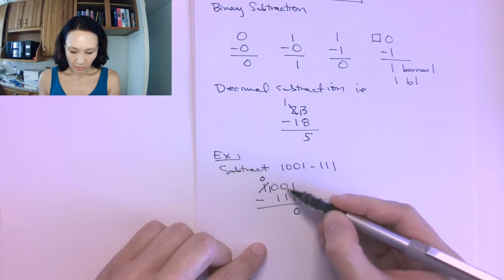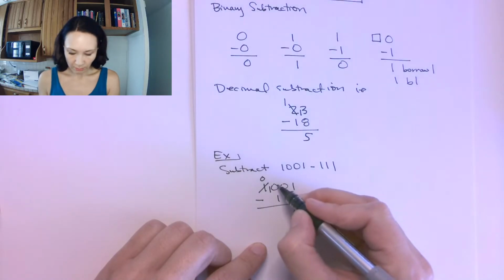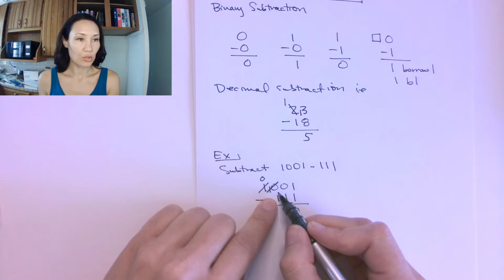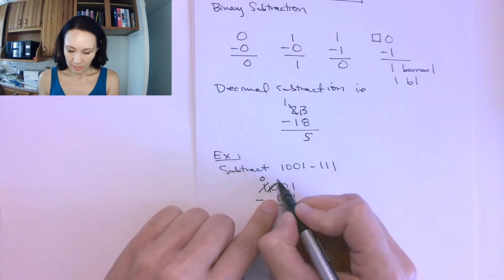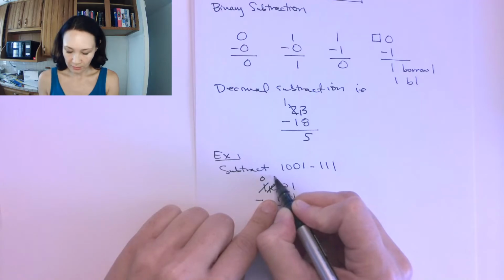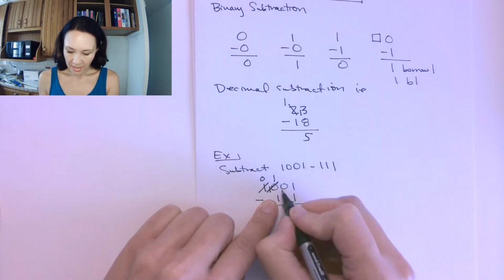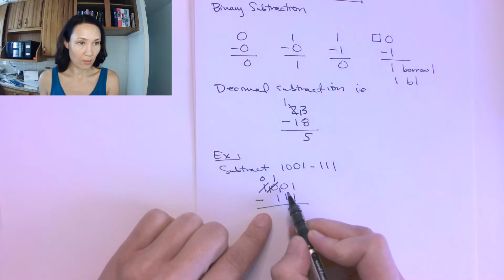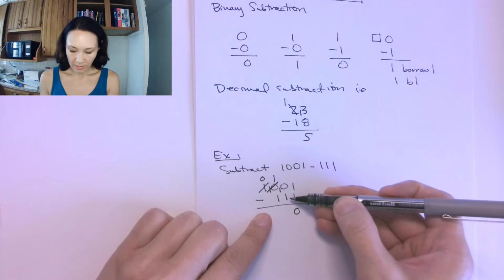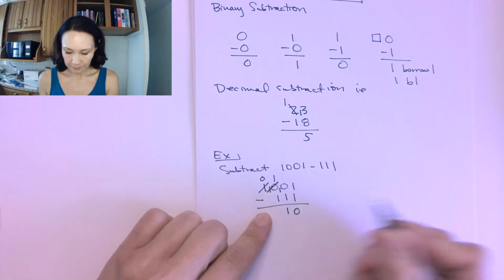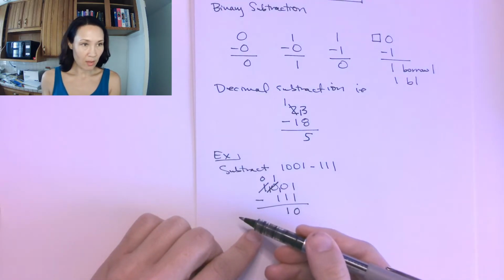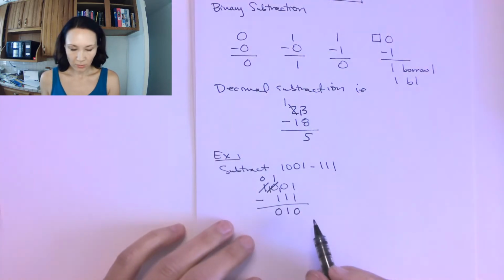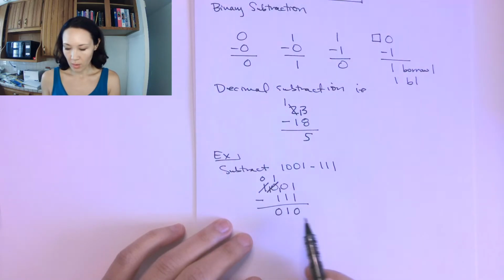Now this is a column we actually need the borrow in, so it means we're going to borrow from this number that we just created. 1, 0 is 2 in binary, so that means if I borrow 1 from 2, I'm going to be left with 1. And now I take the one that I borrowed and I put it in front of the 0 to make this 1, 0. 1, 0 is 2. 2 minus 1 is equal to 1. Great, and then I just continue on to the left. 1 minus 1 is 0, so my result of the subtraction is 0, 1, 0.